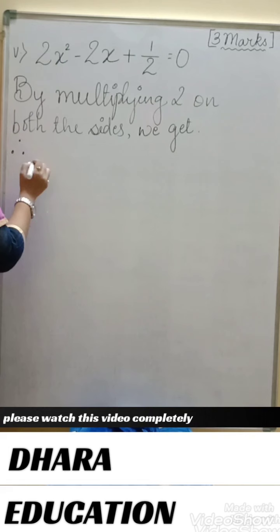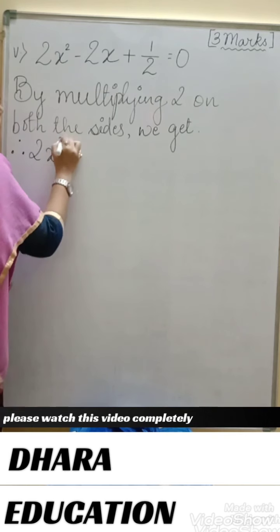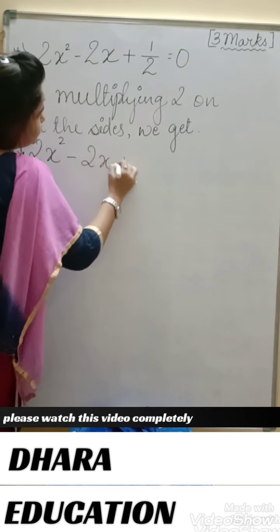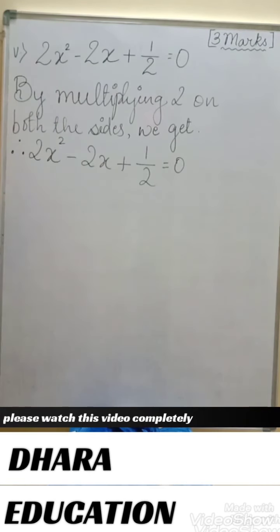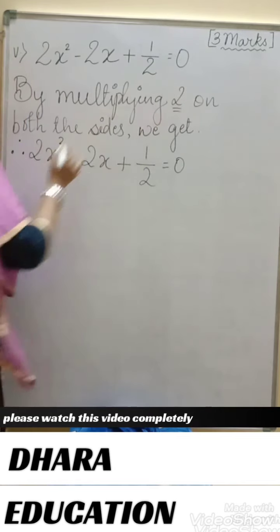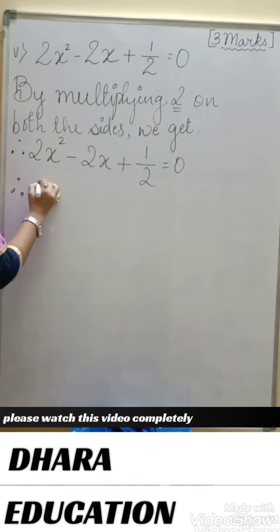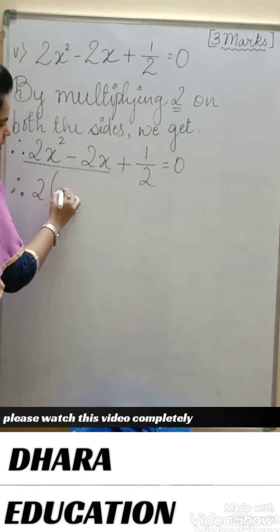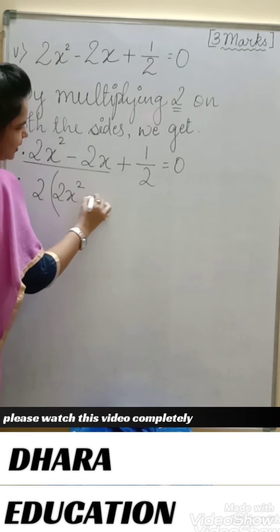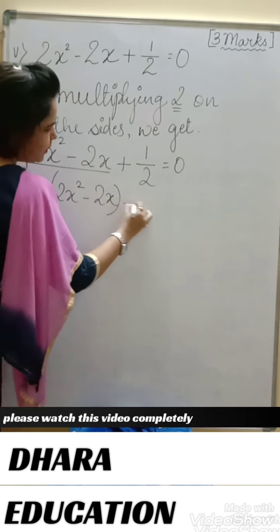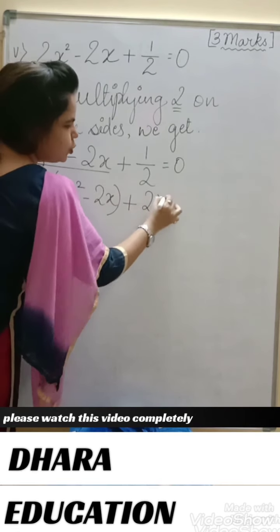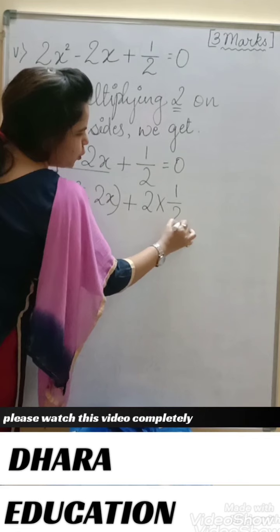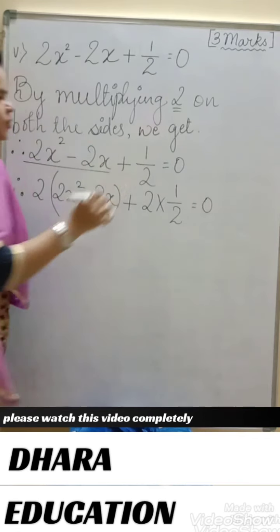The first step will be as it is. Alright. The second step will be multiplication, right? So therefore, 2, open the bracket, write this entire 2x square minus 2x plus, again you are going to multiply 2 with 1 upon 2 is equals to 0.